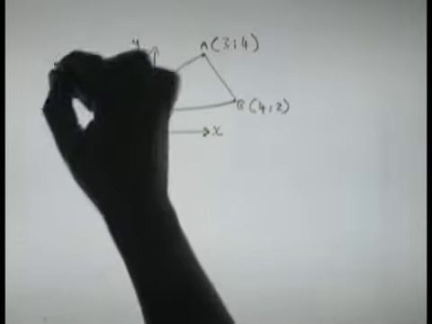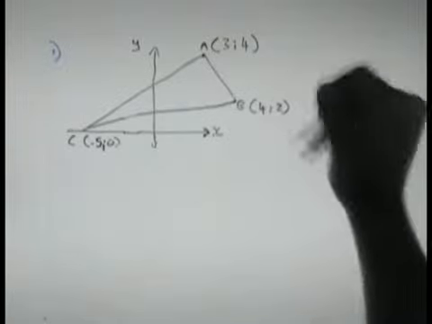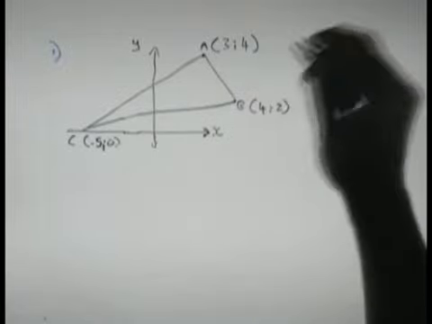The first question I gave you to do had this diagram over here, and the first question was determine the length of BC, AB and AC. Thankfully we've got all of the coordinates, so it's pretty easy to do.